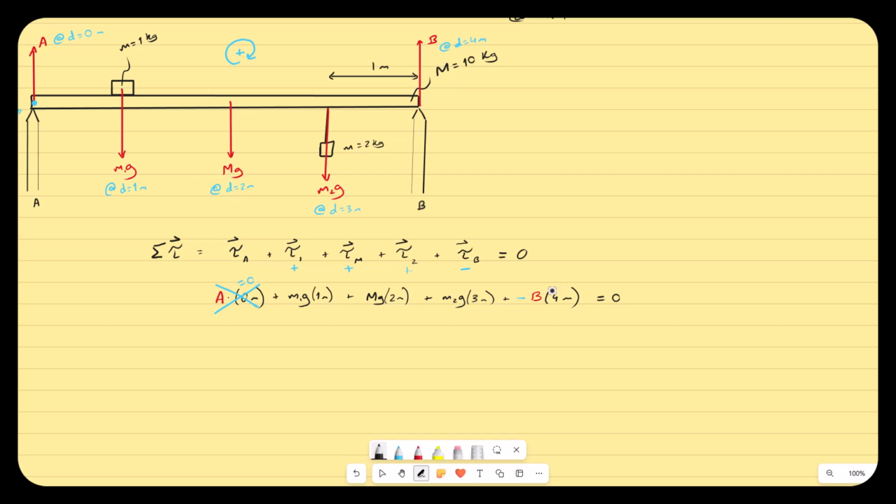So I'm going to move that to the other side, and I'm going to have B times 4 meters equals M1 is 1 kilogram times G. Let me just write these out.